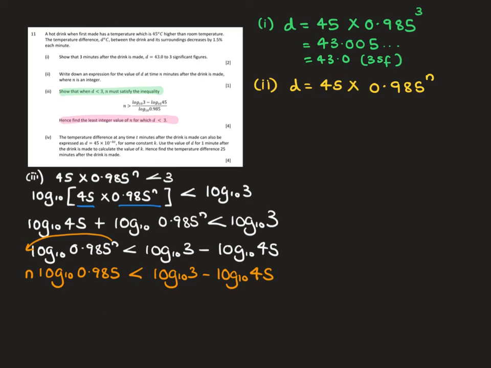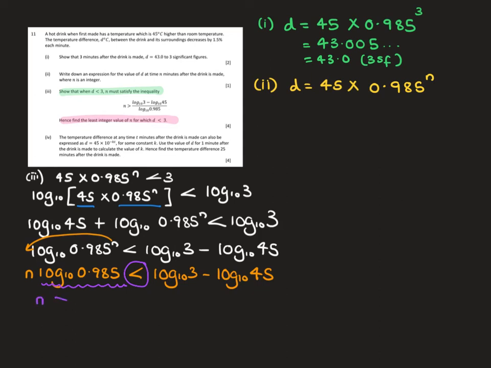Here is where you have to remember that this value, log to the base 10 of 0.985, is a negative number. Log of any number below 1 will always be a negative. And so you're dividing across an inequality by a negative, which means that we have to reverse the inequality sign.